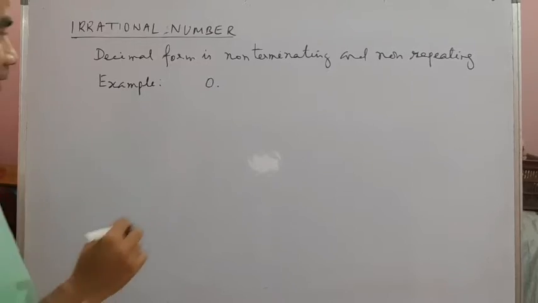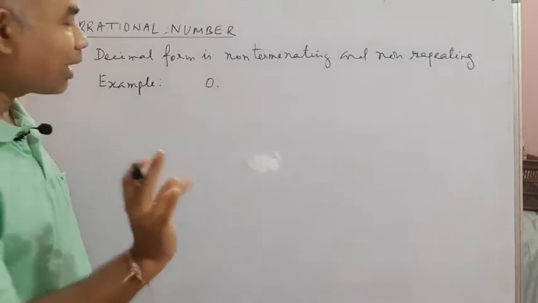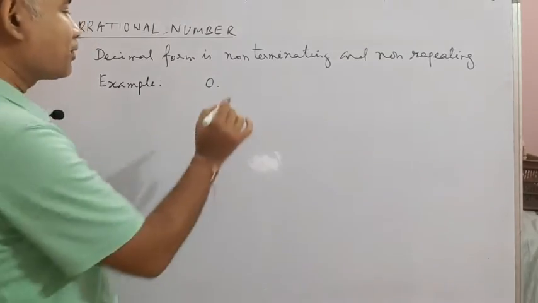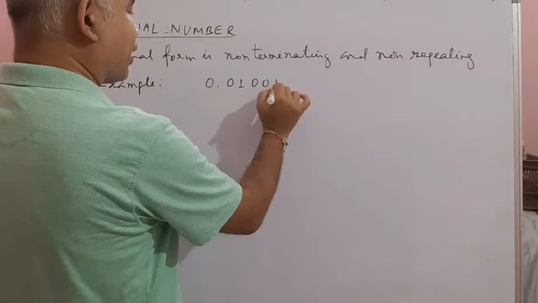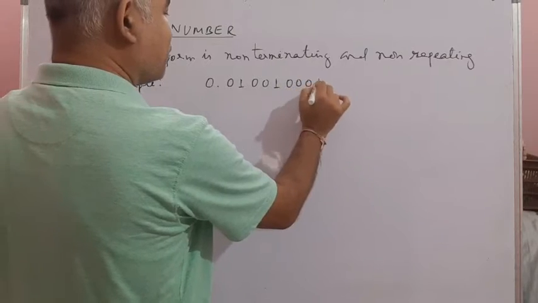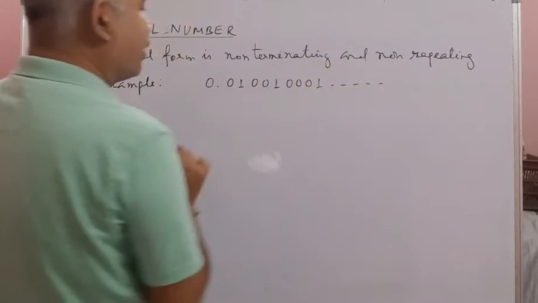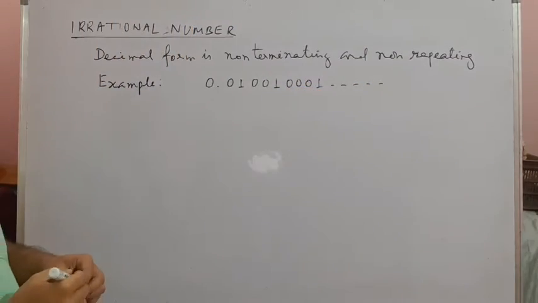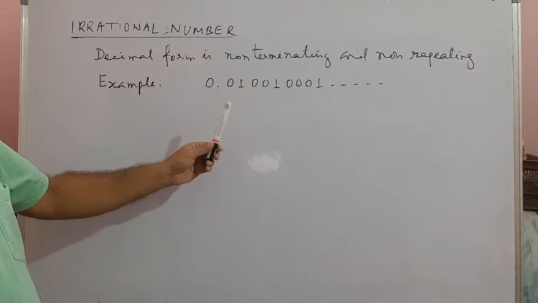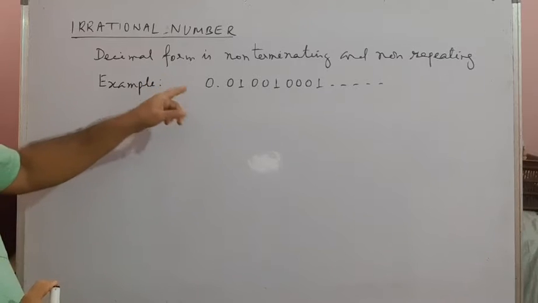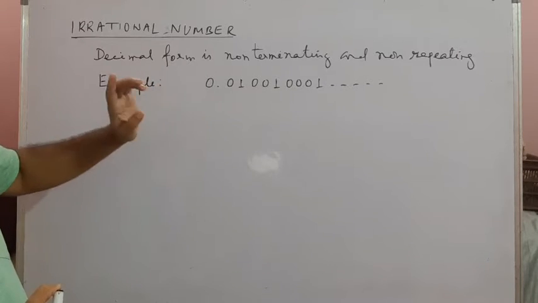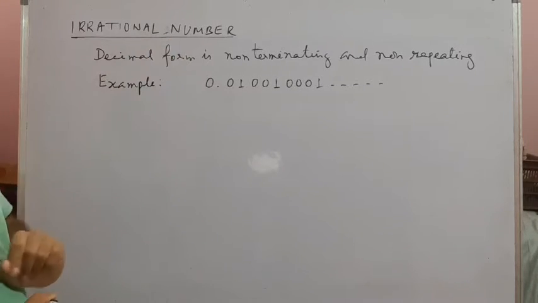So how can you write it? Just take two digits, say 0 and 1. First I write 0, then 1. Then I write 0, 0, then again 1. Then I write 0, 0, 0, then again 1. In this way, I'll write it. This is an example of a non-terminating and non-repeating decimal, so it is an example of an irrational number.